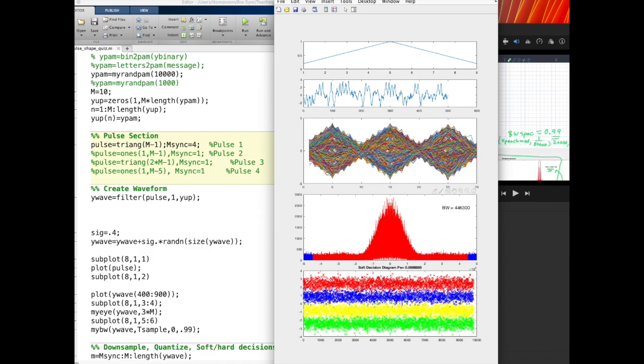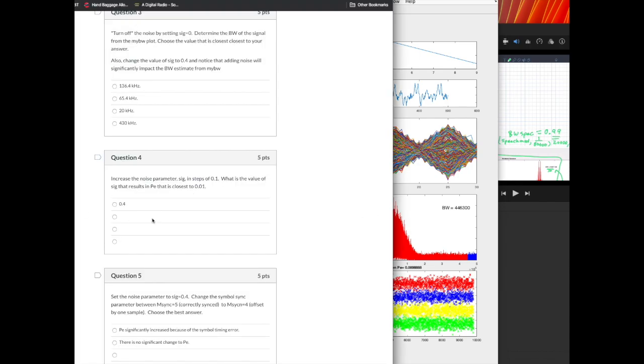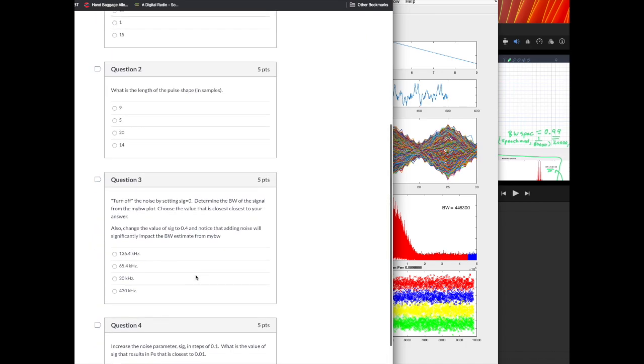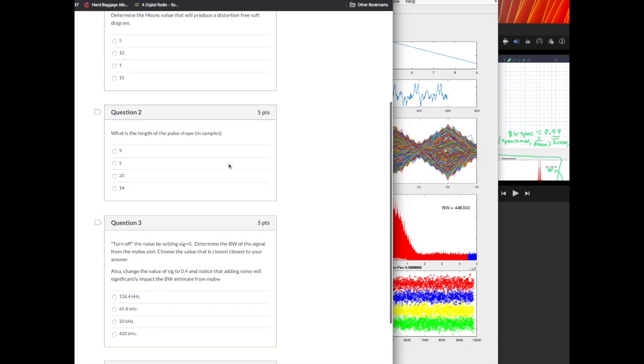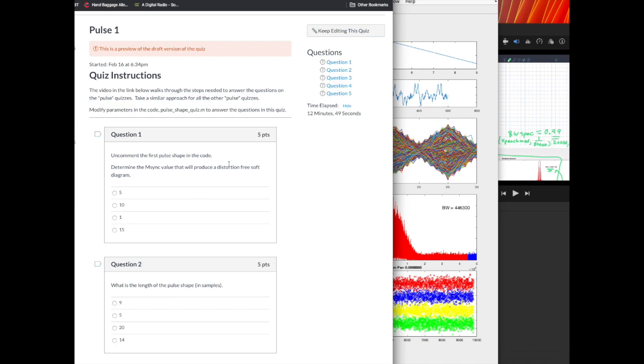Okay, so when you look at the answer to that, it looks like the probability of error is significantly increased because of the symbol timing error. All right, that might not be the case for all pulse shapes, so you get the idea. What I want you to do is explore all these things as you run examples of this code.